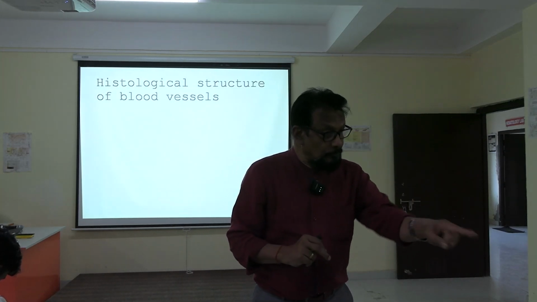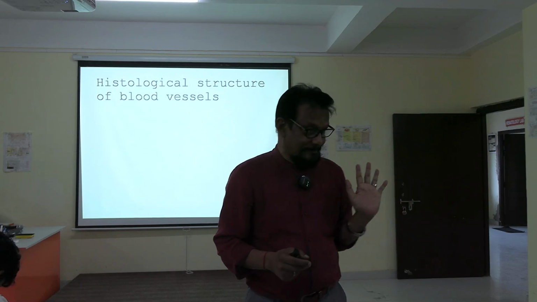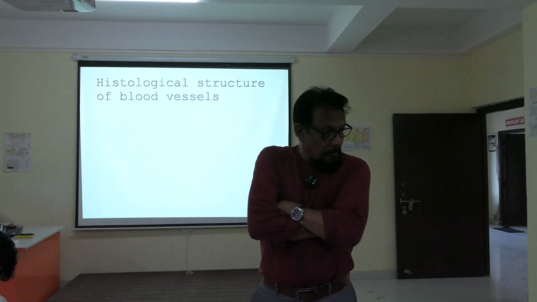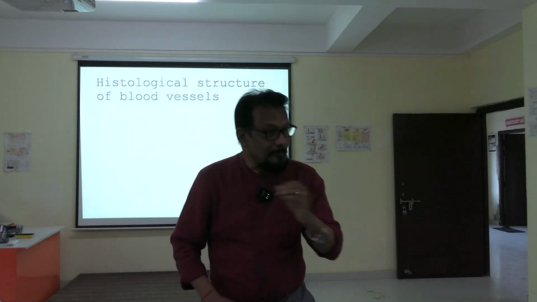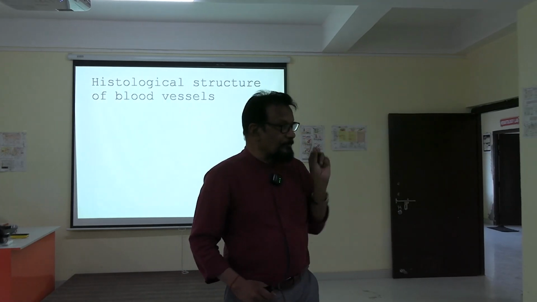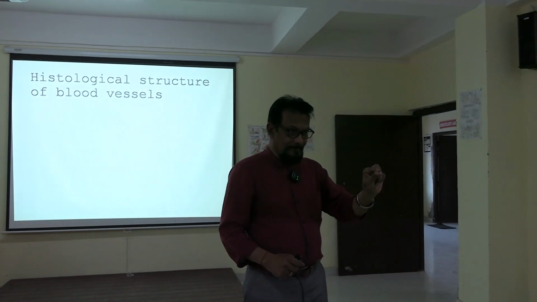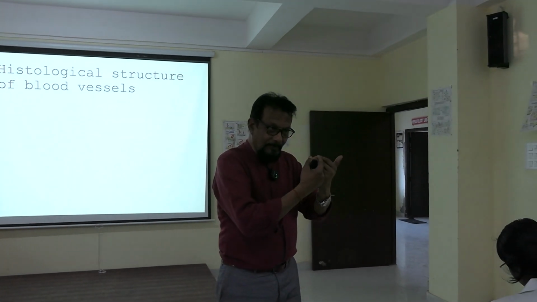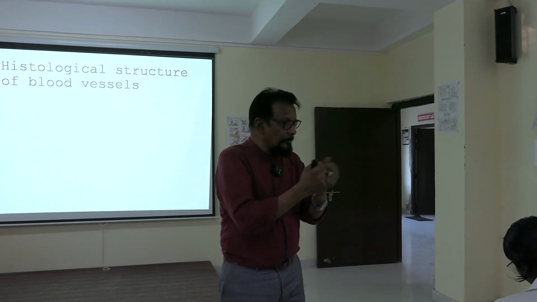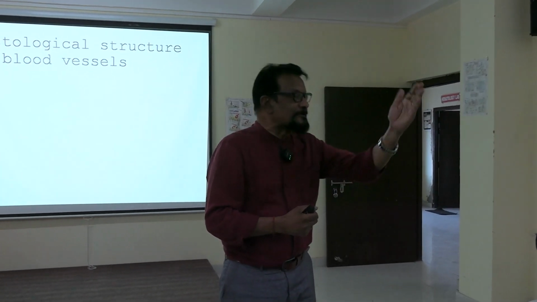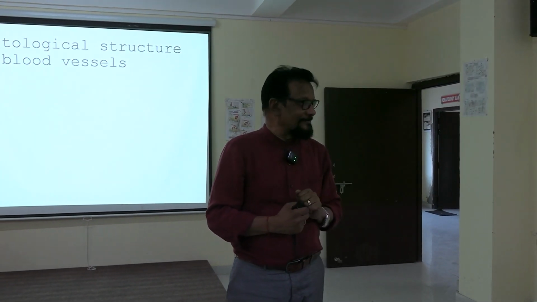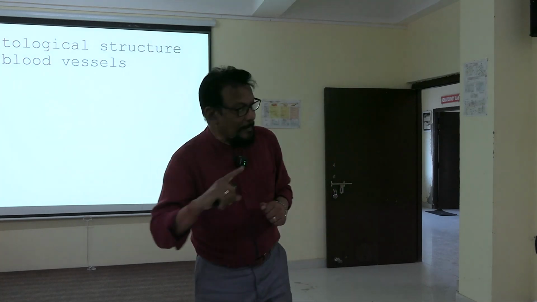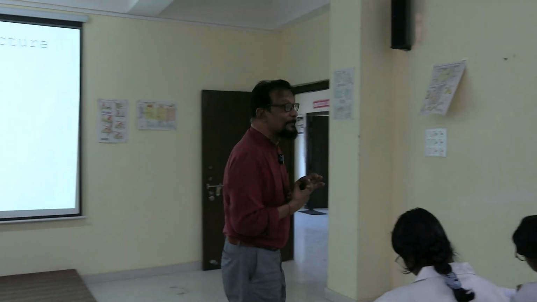If I say do this, and you do it, you are compliant. If you say I will not do it, you are non-compliant. So if you apply pressure, it will be distended, and when you reduce the pressure, it will come back. So this has compliance. The outermost layer of the blood vessel has this property.